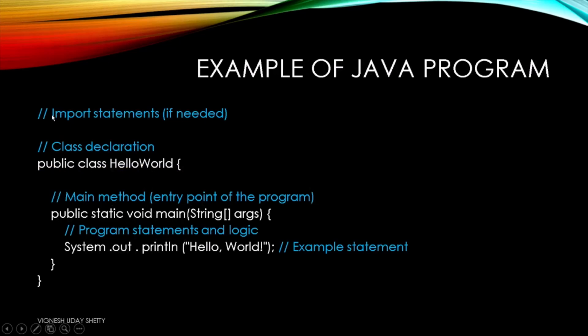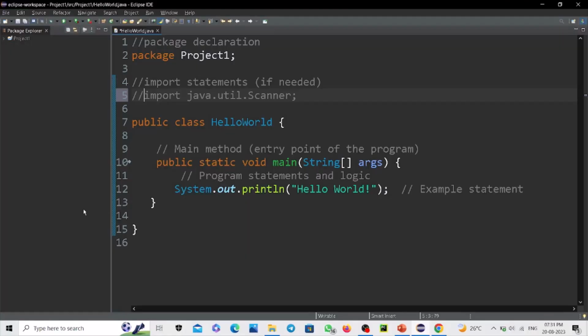This is an example of a Java program. To understand it in a clear manner, let us write the same program in our Eclipse IDE and try to understand it there. Now we are back to our Eclipse IDE. We can see that the class definition starts here with the line public class HelloWorld. Here HelloWorld is the name of the class.